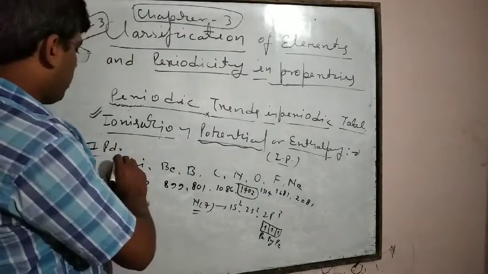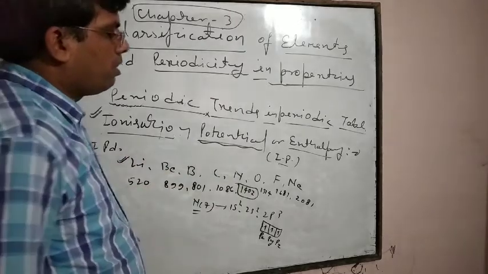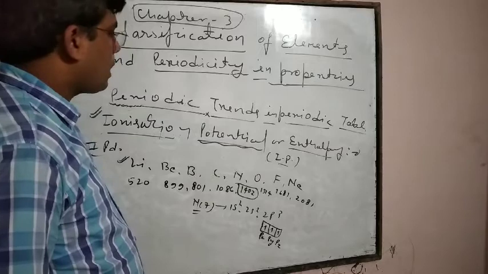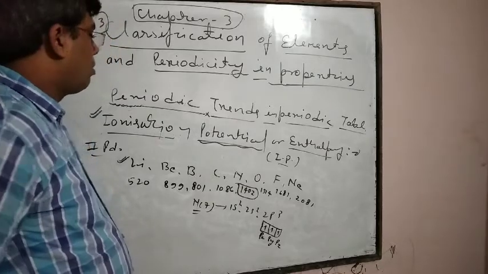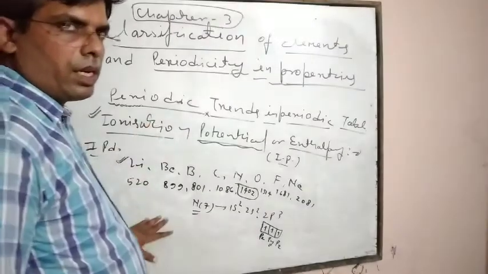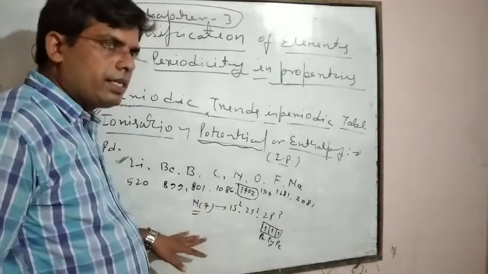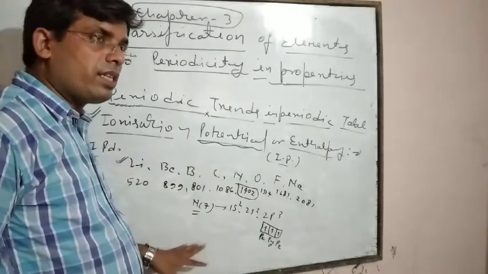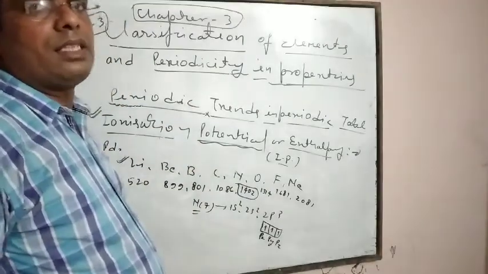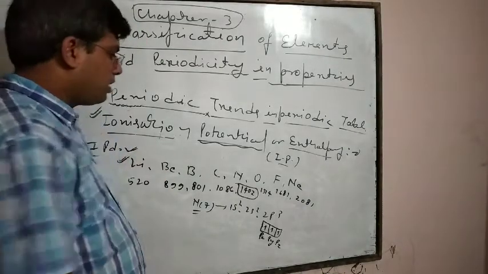So this one is the trend of ionization potential while going from left to right in a period. Now, on moving from top to bottom in a group, ionization potential decreases because size increases. So dear student, please write down these values.